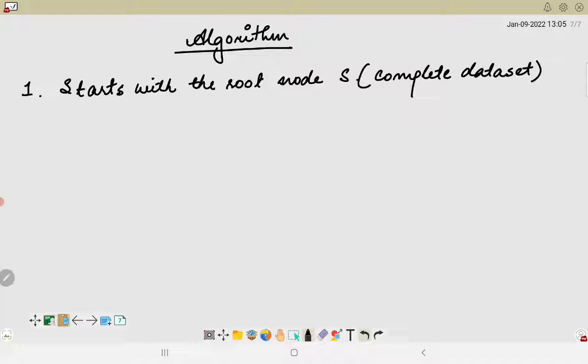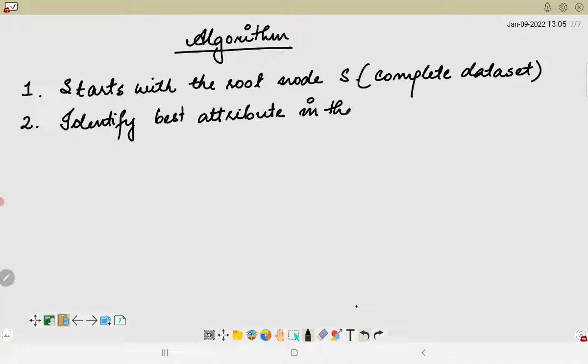Now in the second step, we will be finding the best attribute, the best feature, in the data set. So identify the best attribute in the data set.